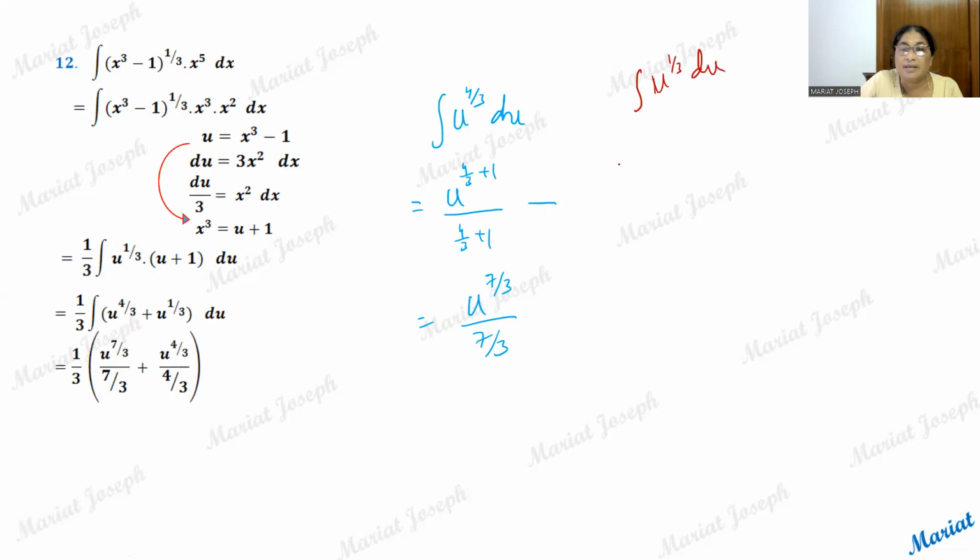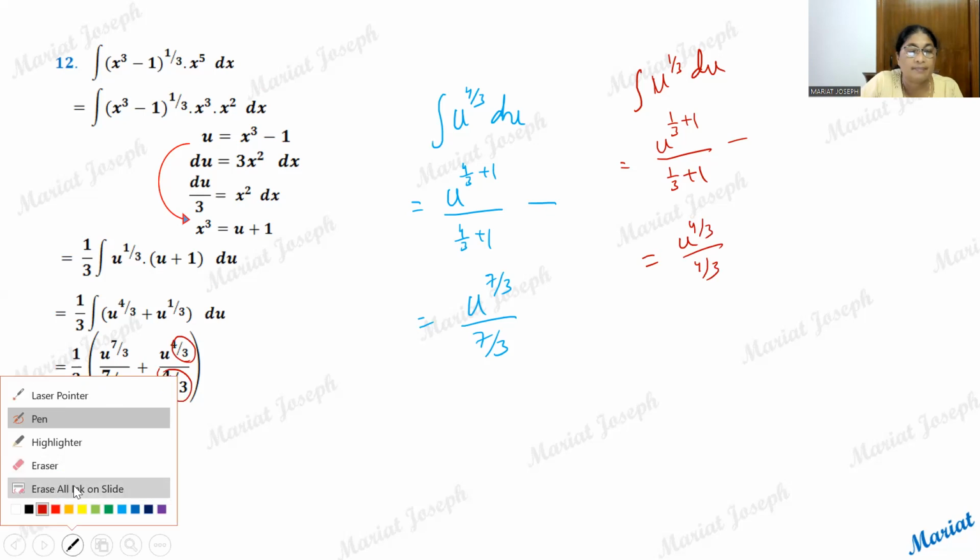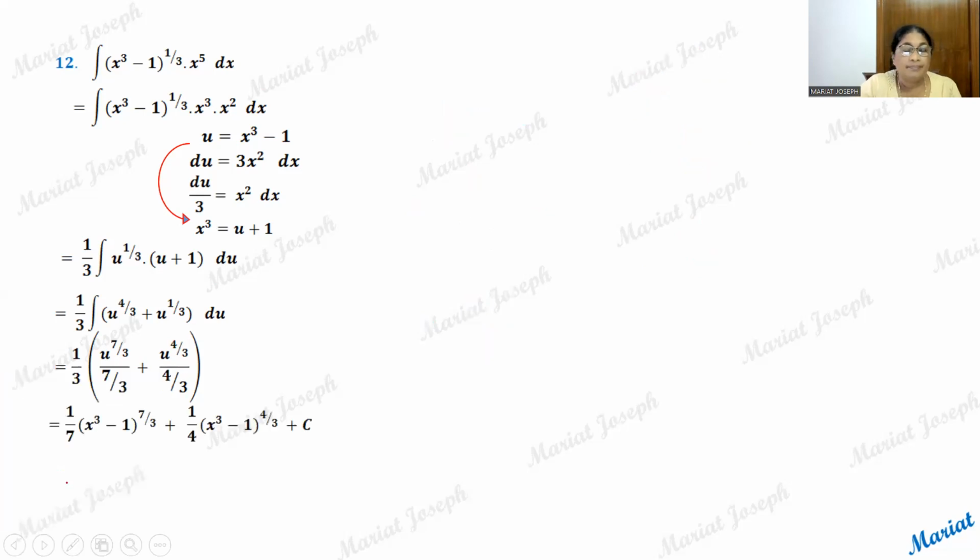Integral is u raised to the power 1 by 3 plus 1 upon 1 by 3 plus 1. That is u raised to the power 4 by 3 upon 4 by 3. Then replace the u. That comes the answer. That was question 12.